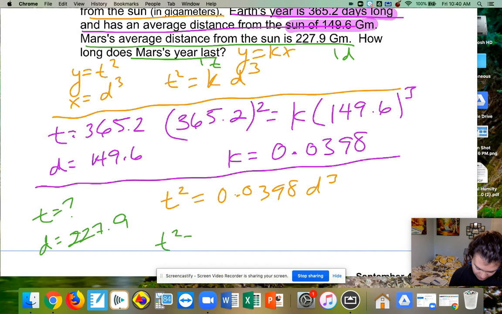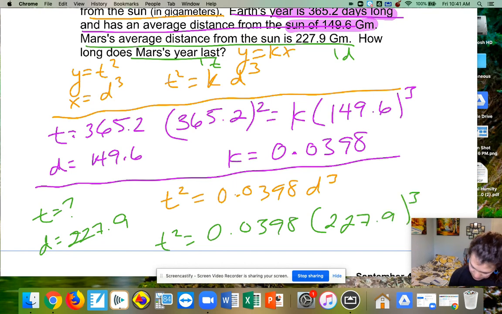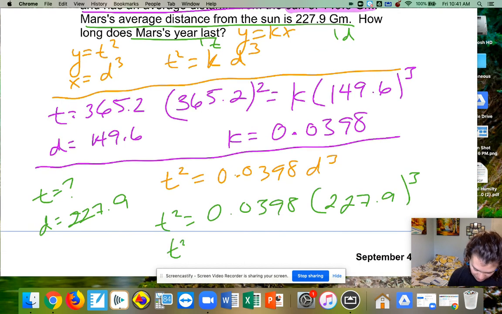So t squared equals 0.0398 times 227.9 cubed. And then you can solve this. It will end up giving you t squared equals 471,103,000.1922.